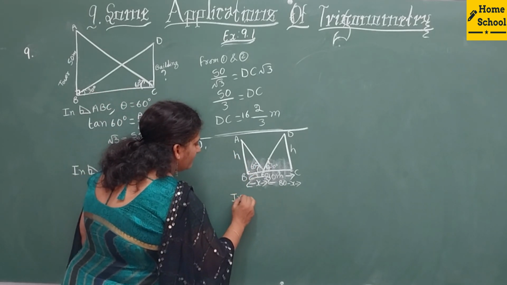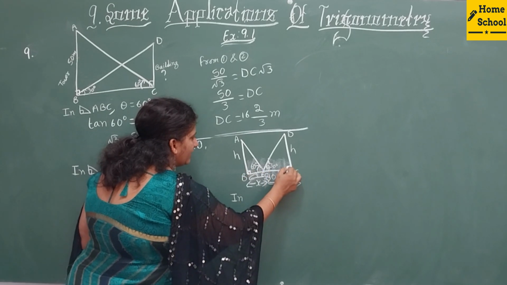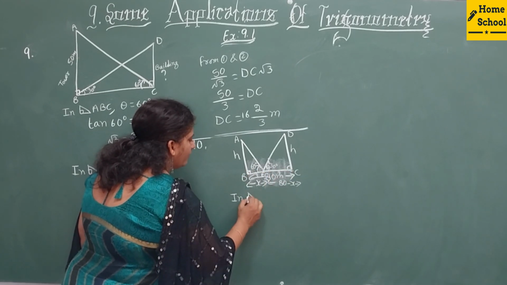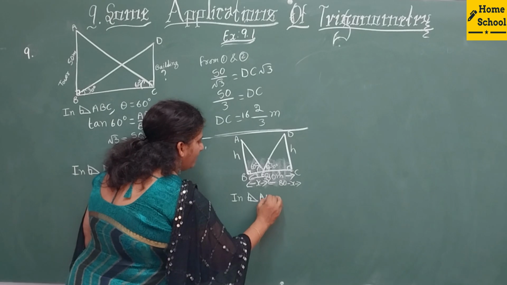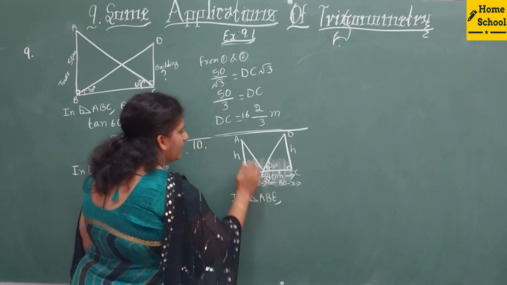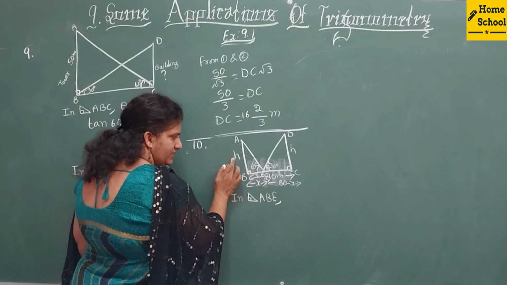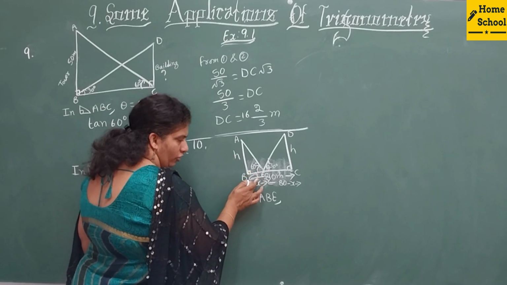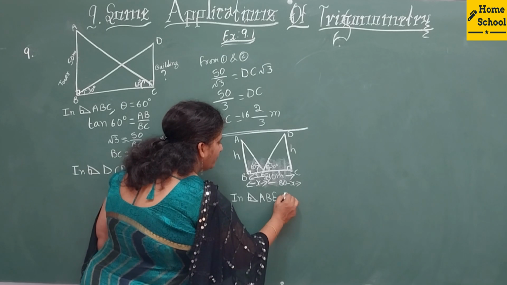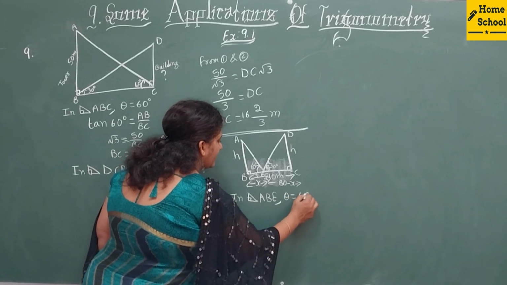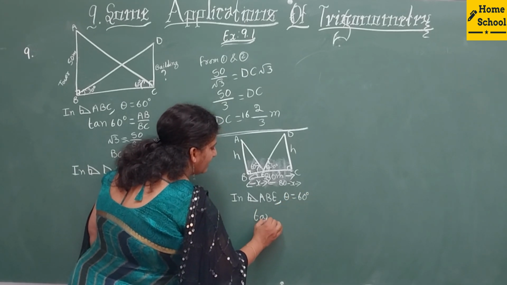I'll take the right triangle, since poles are perpendicular. In right triangle ABE, the angle is here, opposite H, adjacent you are talking. So which ratio? Theta is equal to 60 degree. Ratio is tan.